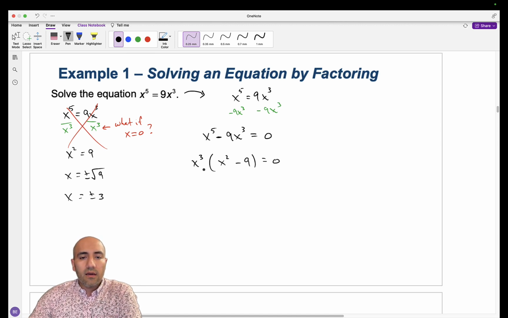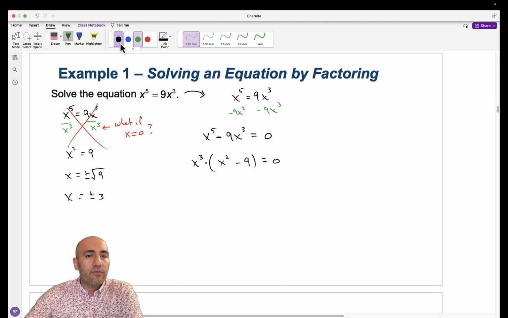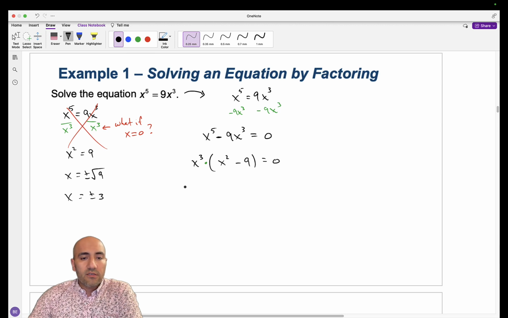And then I can use the zero product property right here. We have this times this, so I can separate them. Oh, actually, in fact, I can factor this even further, right? This is a difference of squares. So this factors as x cubed times x plus 3 times x minus 3 equals 0.